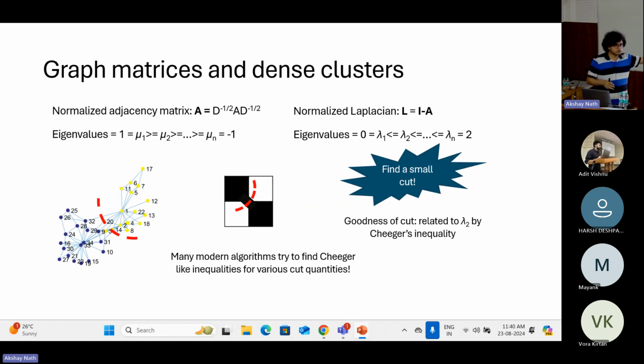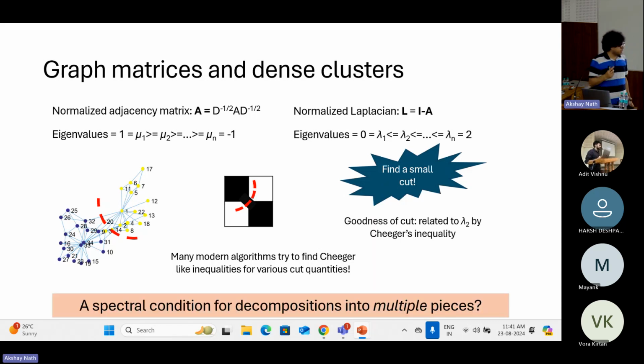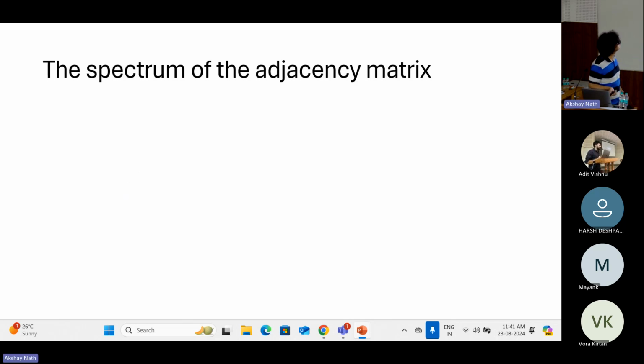You find some cut and ask whether you can relate this cut to some higher order eigenvalue inequality. There's always new work coming on it, and all of it is very cool. But again, there's no spectral condition for decompositions into a huge number of pieces. That's what we are going to get to.